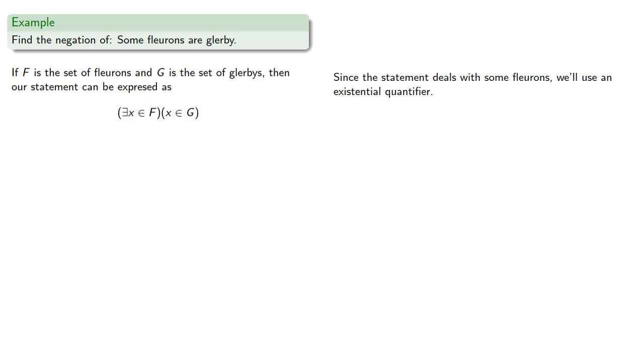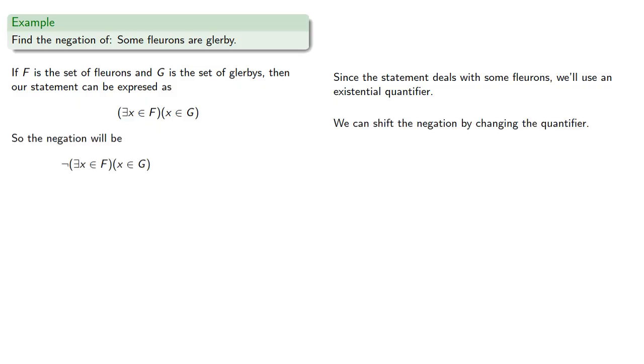So that's in G. So the negation will be, and we'll shift that negation past the quantifier, switching it to a for any, and negating the following statement. This is saying that for anything that is a fleuron, it is not the case that it's a glurby. So any fleuron is not a glurby.